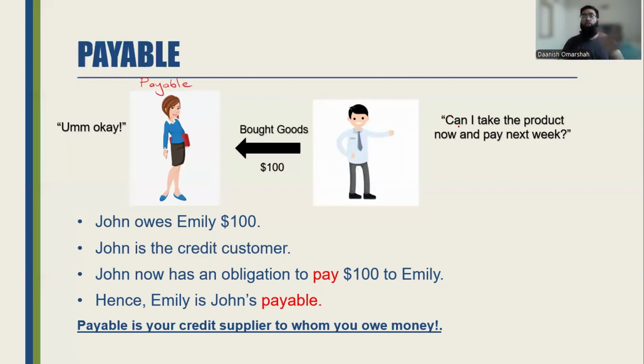Because John has to pay Emily. From Emily's perspective, who is John? Emily sold goods to John, so Emily has to receive the money from John. So John is Emily's receivable. So always remember, one party is the receivable, the other party is the payable. So this is the concept of payable.